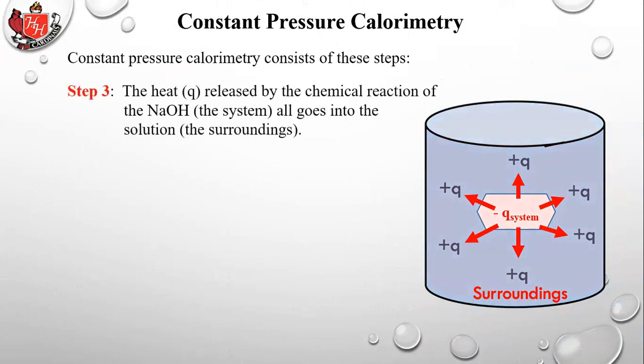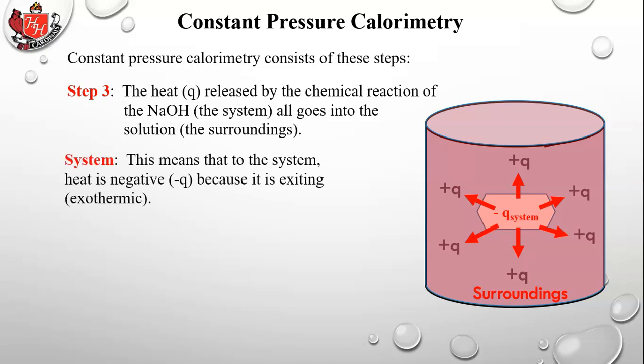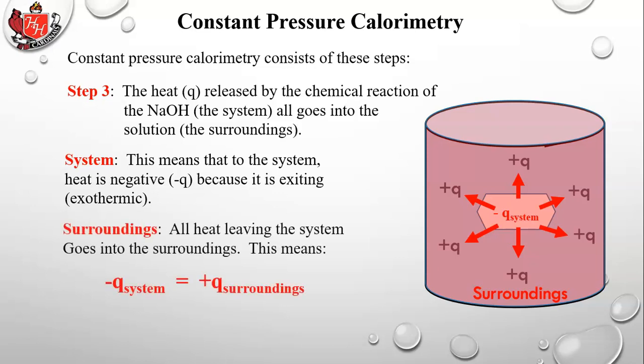So step 3, the heat Q released by the chemical reaction of the NaOH system all goes into the solution, the surroundings. And you can see it warms up over there. This is going to be an exothermic reaction, and it's going to warm up the water. To the system, the heat is negative because it's leaving those chemical bonds and exiting, so that's exothermic.